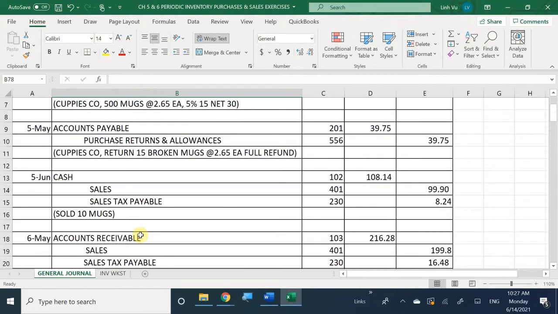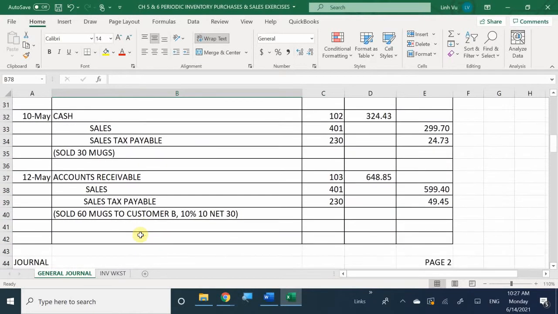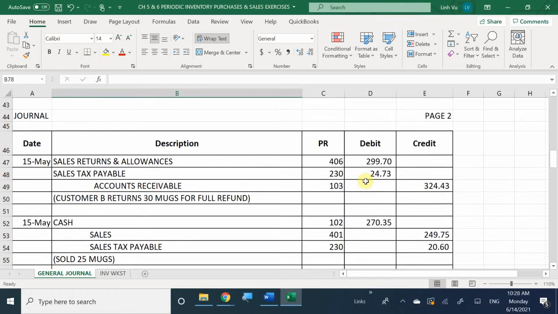So let's take a look. I'm going to pull up his transaction here. So here we charged originally a total of $648.85, right? For the total of the 60 mugs. However, customer B decides to go back and return half of those mugs, 50%, because he wanted to return a total of 30 mugs.